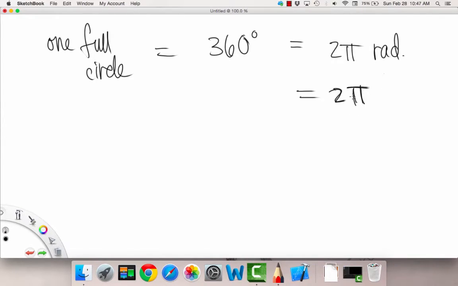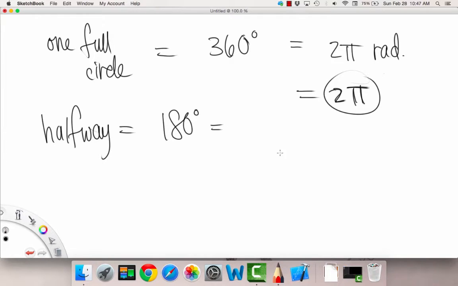So let's say we go halfway around a circle. What we used to know as 180 degrees, now we can just take this 2 pi and divide it by 2. So 2 pi divided by 2 just gives us pi. So pi radians is equal to going halfway around your circle. Let's do one more.